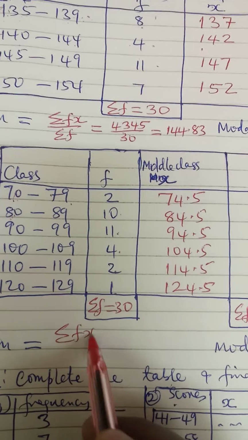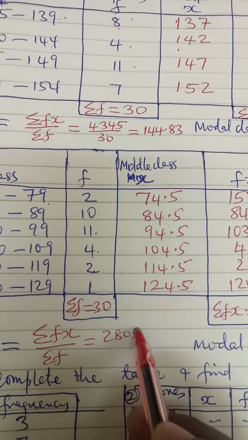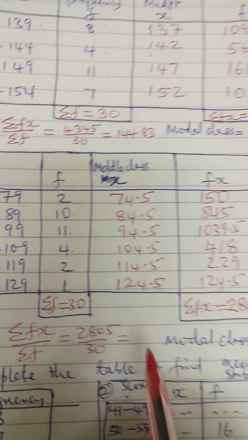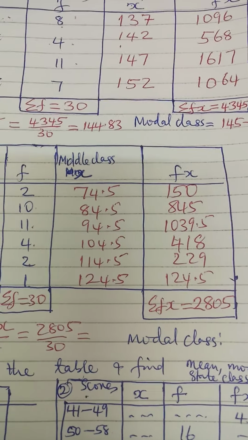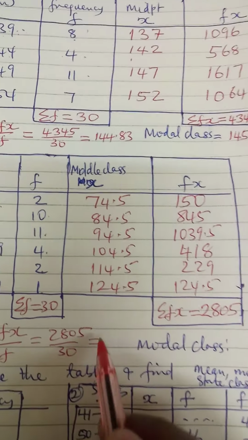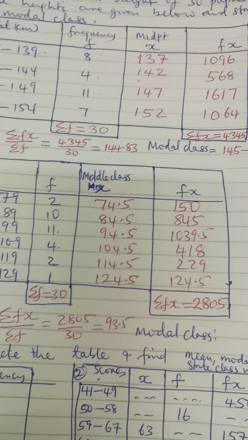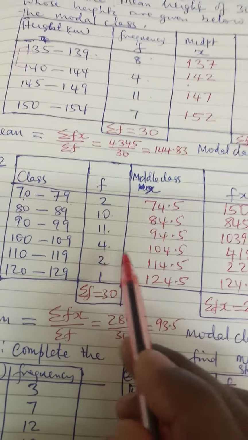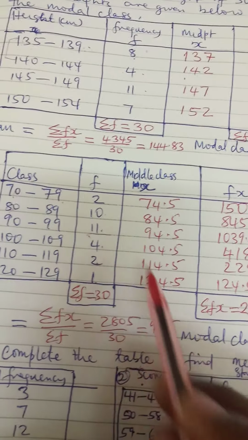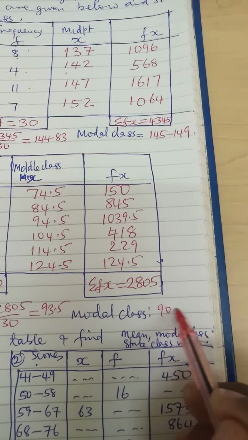Simply now state the formula and substitute. 2805 divided by 30. Use your calculator to find the answer. The answer will be 93.5. They again want us to state the model class, and we say it is the class with the highest frequency, and this is 90 to 99.